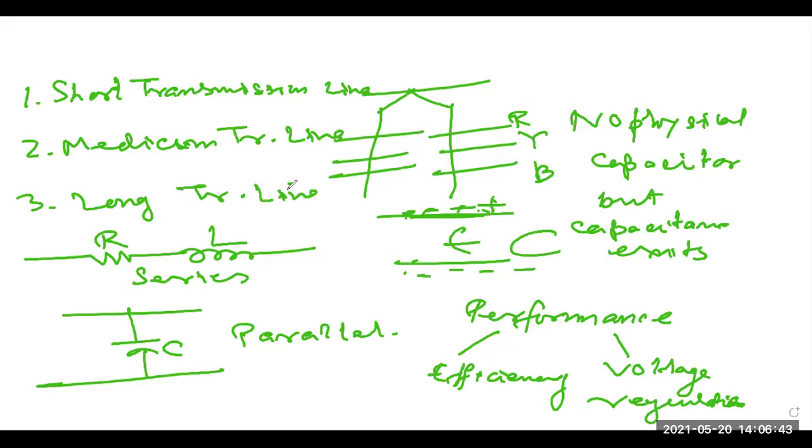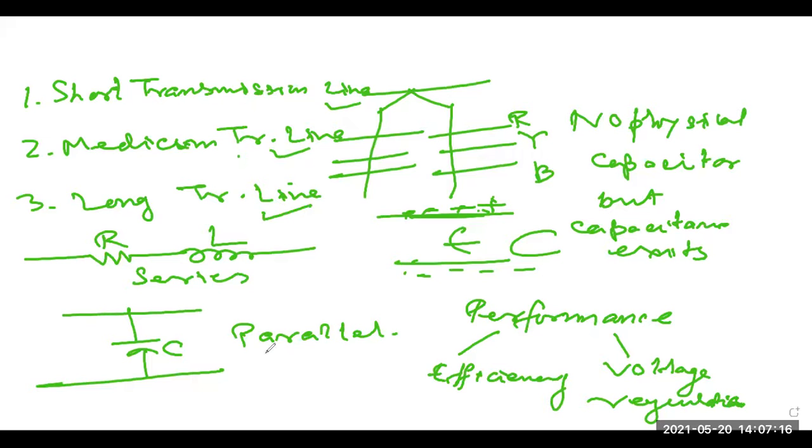We'll discuss in detail what a short transmission line is, how to represent it with the help of a circuit diagram and phasor diagram. Then we'll calculate its performance: the voltage regulation, efficiency, and line losses. Similarly, for the medium transmission line we'll follow the same process and understand its circuit configuration, and it is applicable for the long transmission line.